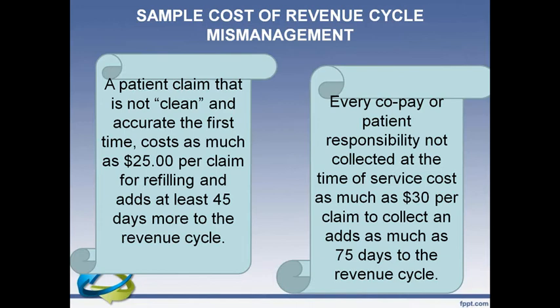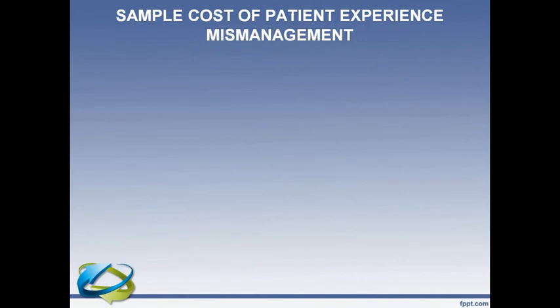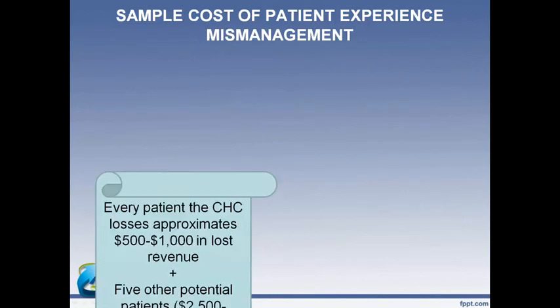When you think about it, for some of you, your nominal fee is less than $30, and here it costs the organization $30 afterwards if we don't collect that amount up front, or at least a portion of it, and it extends the revenue cycle by 71 days. So this is some significant dollars, if you start putting that into perspective.